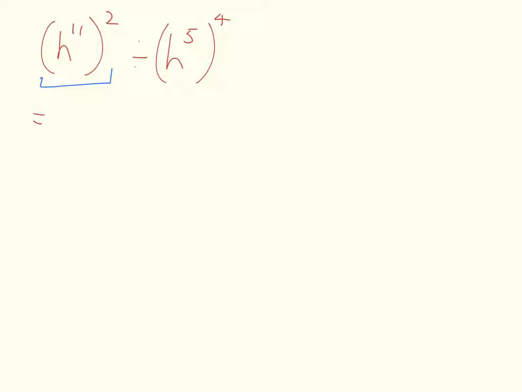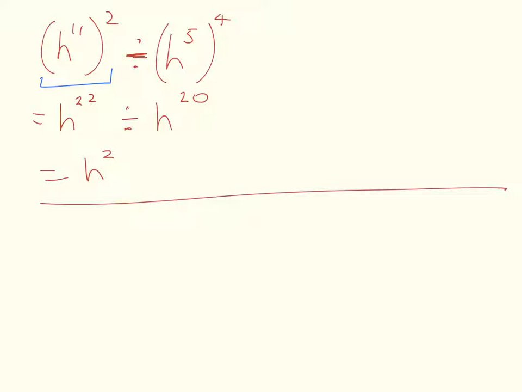Well, I've just got a nice h to the 11 all squared, which is h to the power of 11 times 2, 22, divided by h to the power of 5 times 4, which is h to the power of 20. I'm just going to make clear that's a division, not a subtraction. And I end up with h to the power of 2.